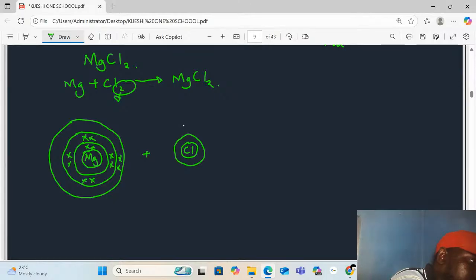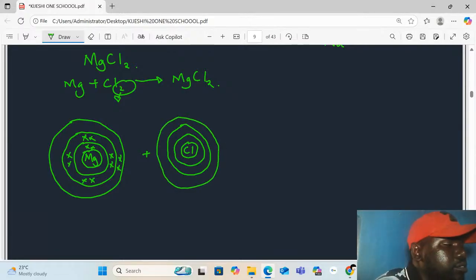First energy level, second energy level, then we have the third energy level. Remember, drawing the complete number of energy levels is only required for ionic bonds. But for the rest, we can use the outermost energy levels.